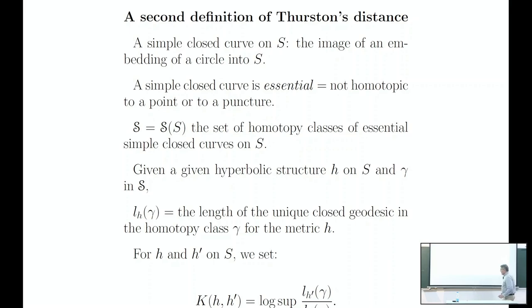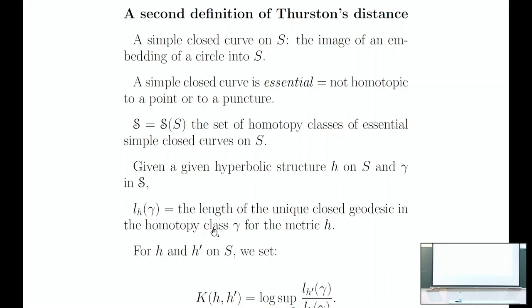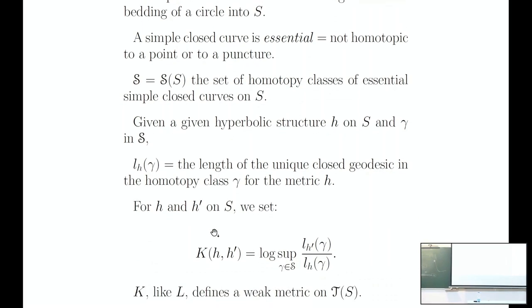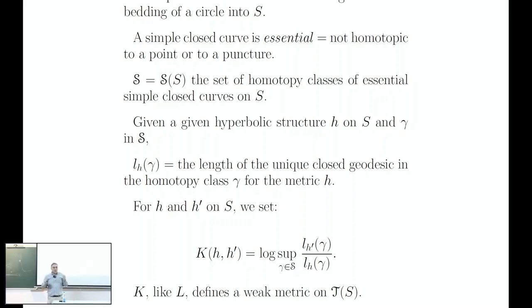And now, given two hyperbolic structures, I want to compare the lengths of the curves measured in H prime and the lengths of the closed curve measured in H. And in fact, I want to say that the distance is 0 if all the lengths are the same, right?